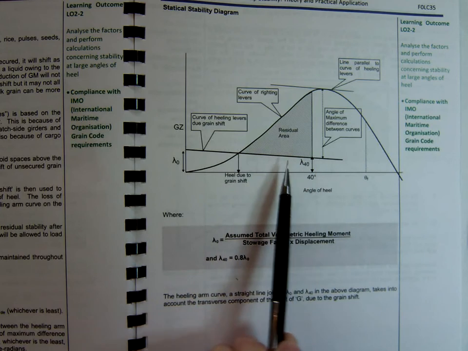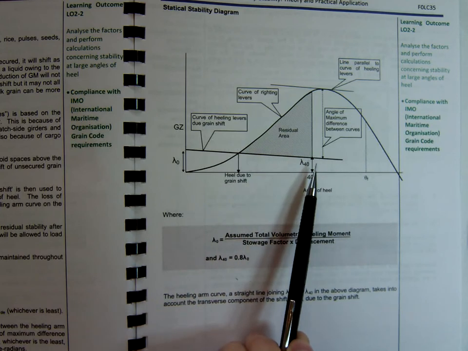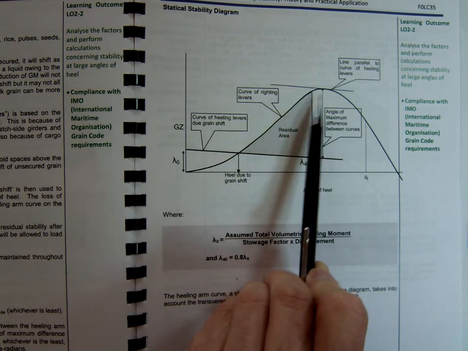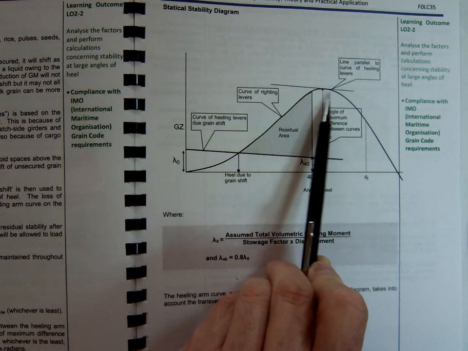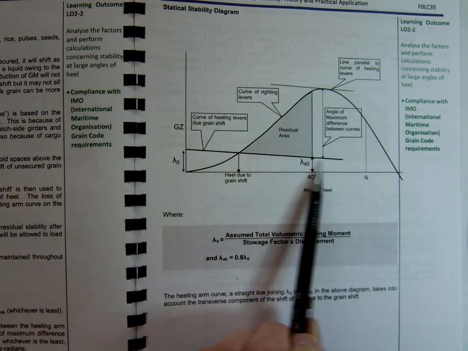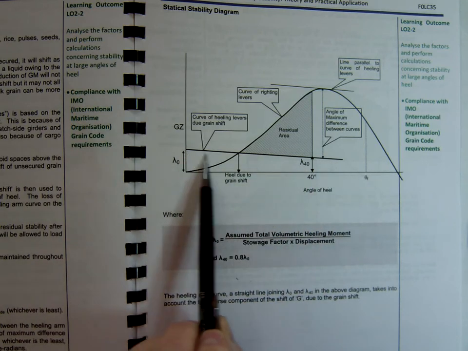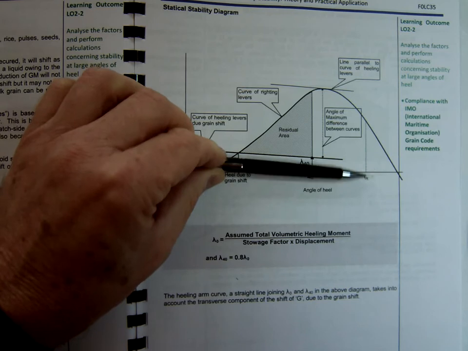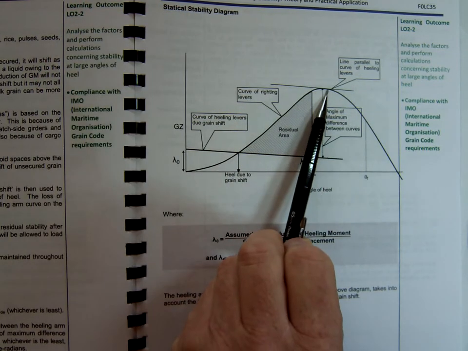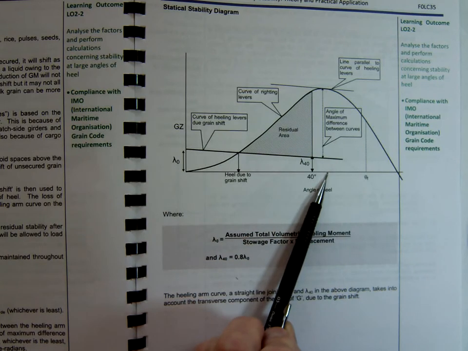When we talk about this value here at 40 degrees, it could be one of three values. It's the maximum difference between the two curves at 40 degrees. So when we draw our GZ curve, at some point there'll be a maximum value. And with our healing arm curve here, this lambda curve, we would draw that up as a parallel line to cut the curve, and at that point where it's maximum, we'd read what the angle is.